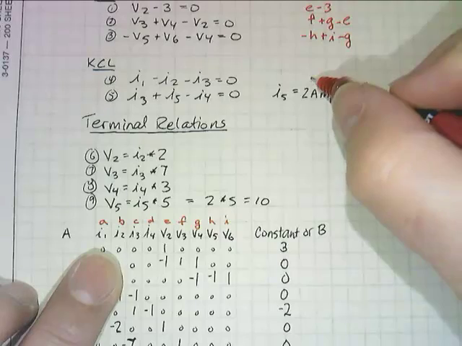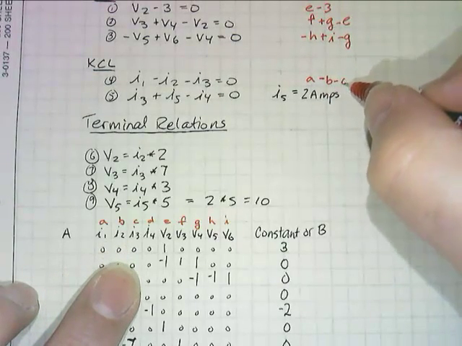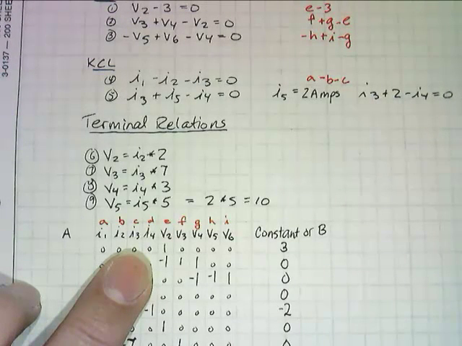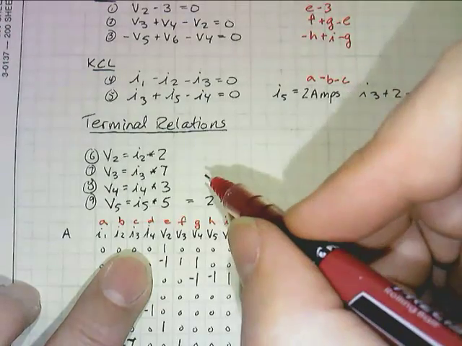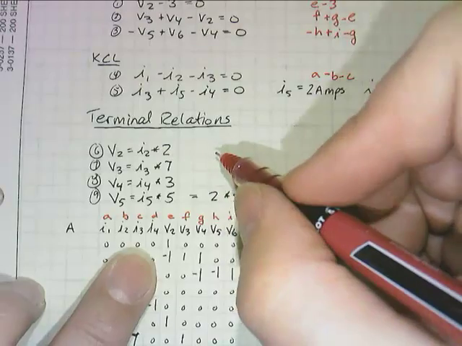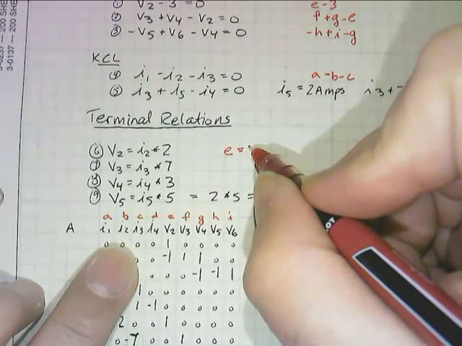This is going to be A minus B minus C. This one's going to be C plus 2 minus D. And then this one's going to be E equals 2B.